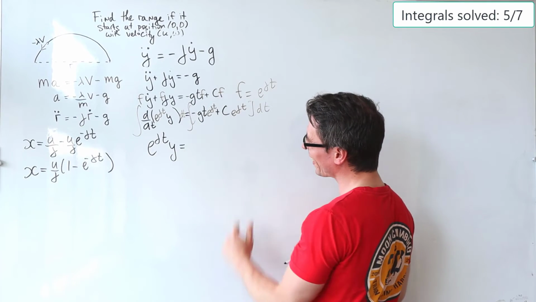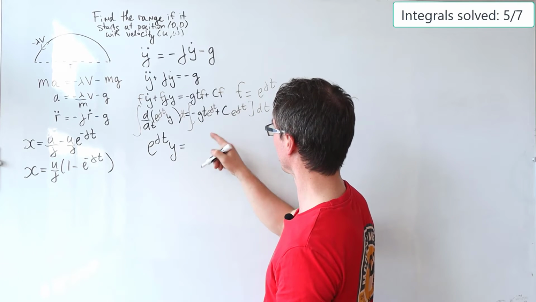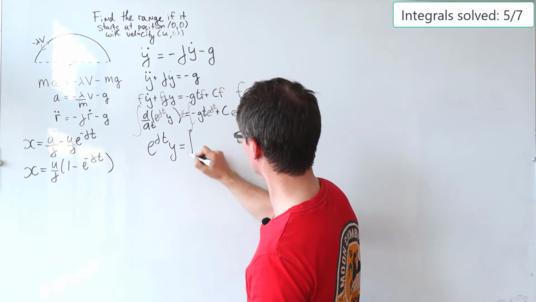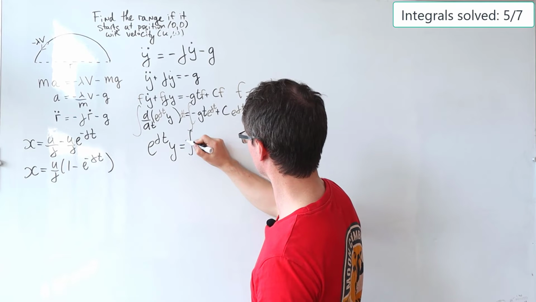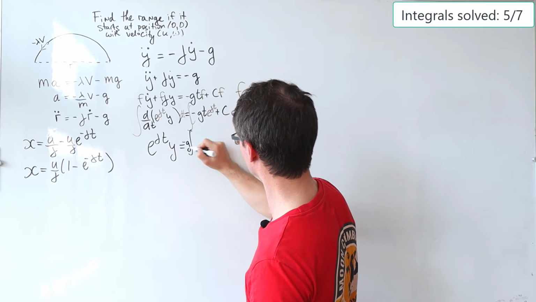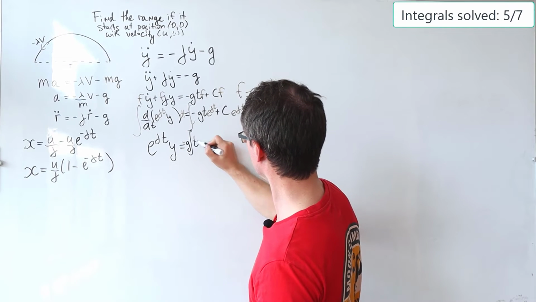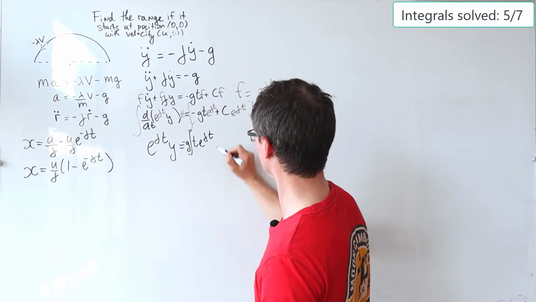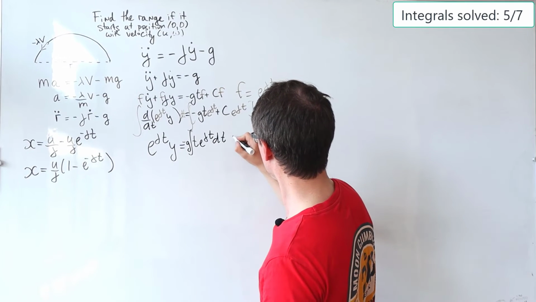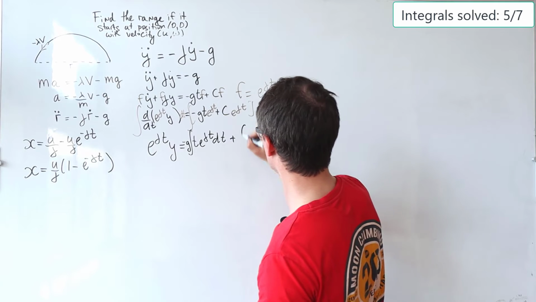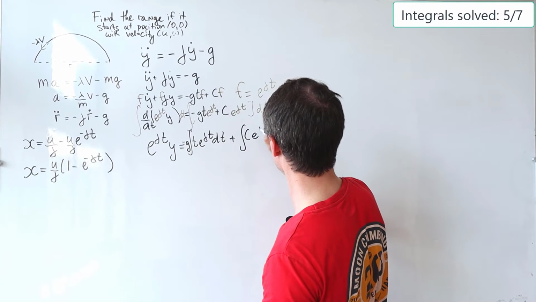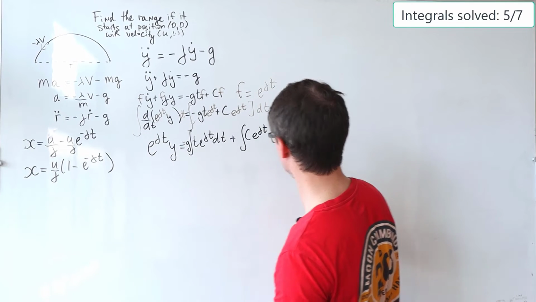Now on the right hand side, we have kind of a tricky integral. So first of all, we have the integral of minus g times t e to the gamma t dt plus the integral of c e to the gamma t dt.